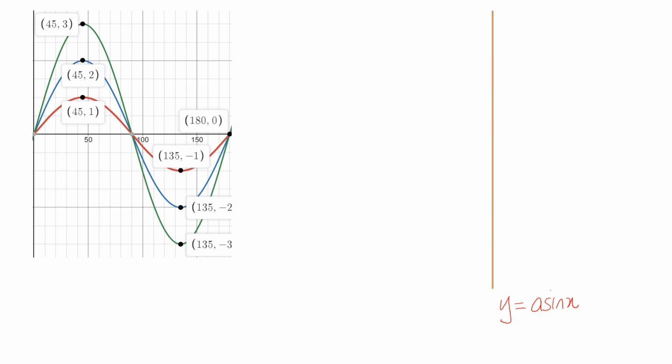Now, if you look at what I've shown you on the screen, this is a different story. What we have now is not y equals a sine x, but rather, if you look at the red color curve, we are dealing with y equals sine 2x.